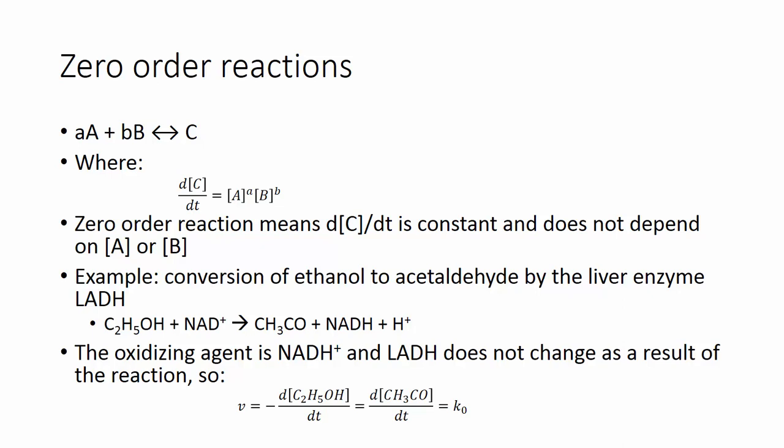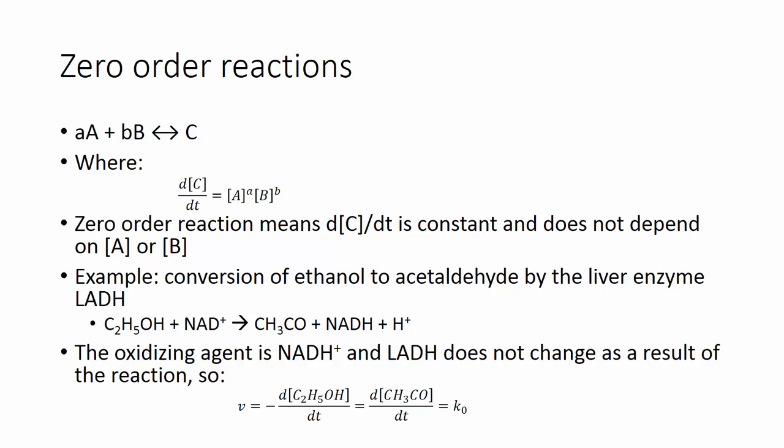One good example, the conversion of ethanol to acetaldehyde by the liver enzyme LADH, comes to mind. And the oxidizing agent in this case is NAD+, and the LADH, the alcohol dehydrogenase, does not change as a result of this reaction.